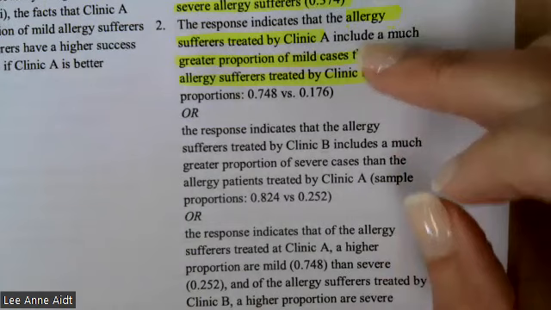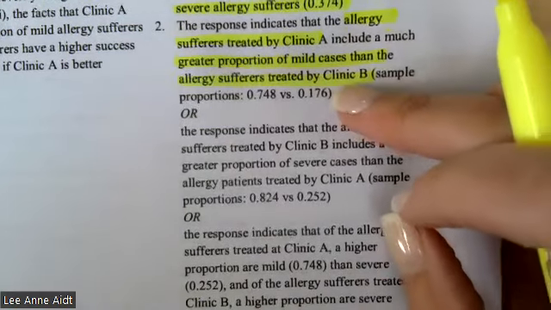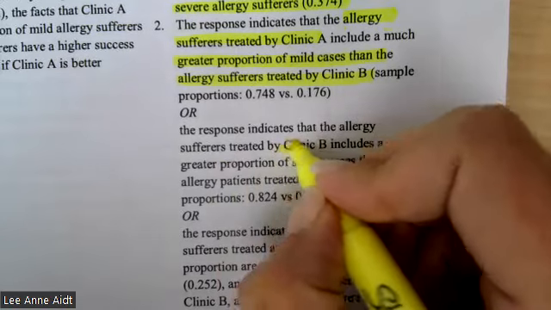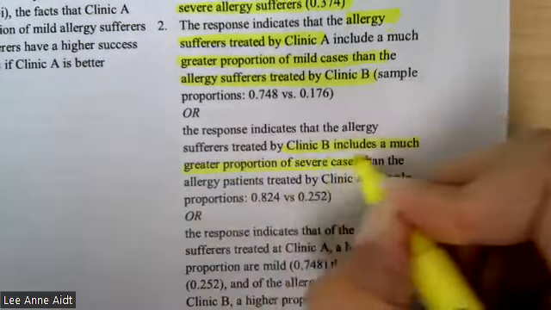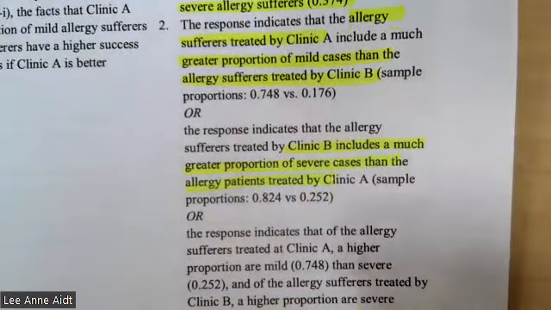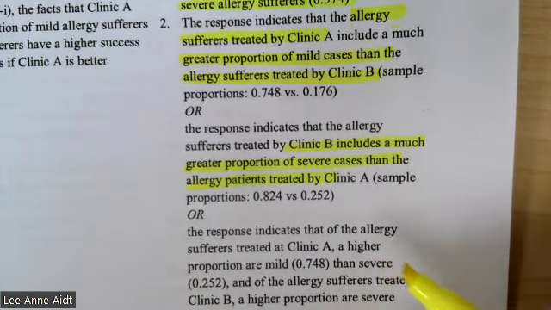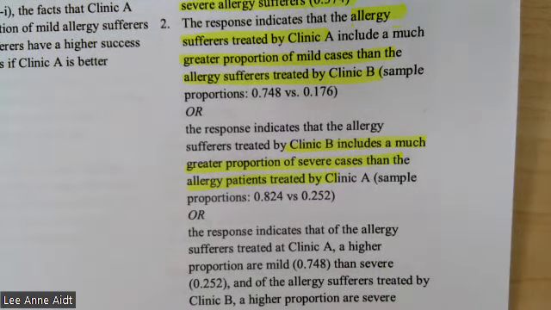So you could say Clinic A has more mild than Clinic B, or you could say Clinic B has more severe than Clinic A. Or you could say, this is the same thing as those. I don't know.